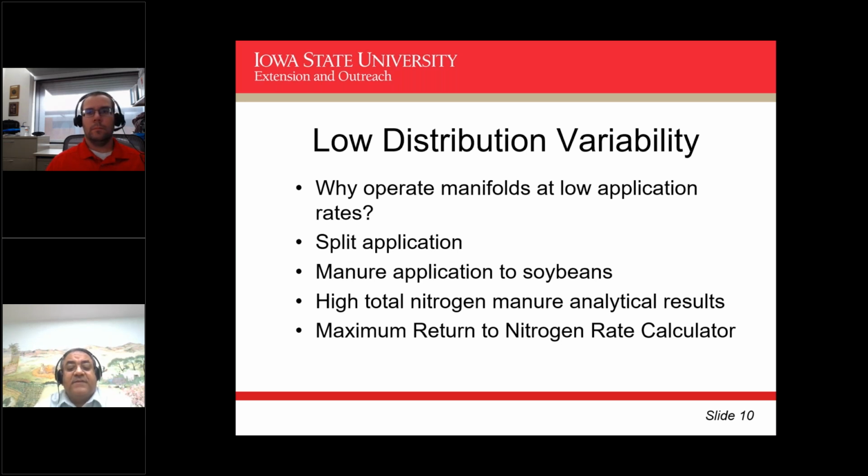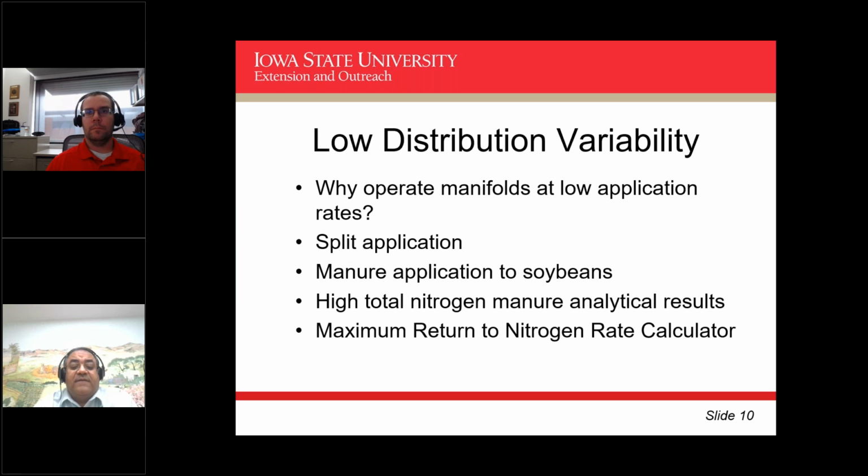The next reason is manure application to soybeans. In certain states, manure application is still allowed to soybeans because they can utilize it, but the amount of total nutrients that can be put on soybeans is limited. In Iowa, I know it's only 100 pounds of available nitrogen that can be applied, so that does reduce the application rate.